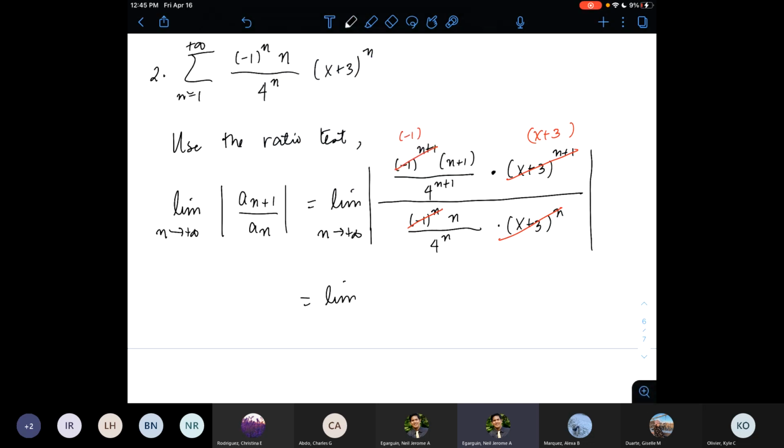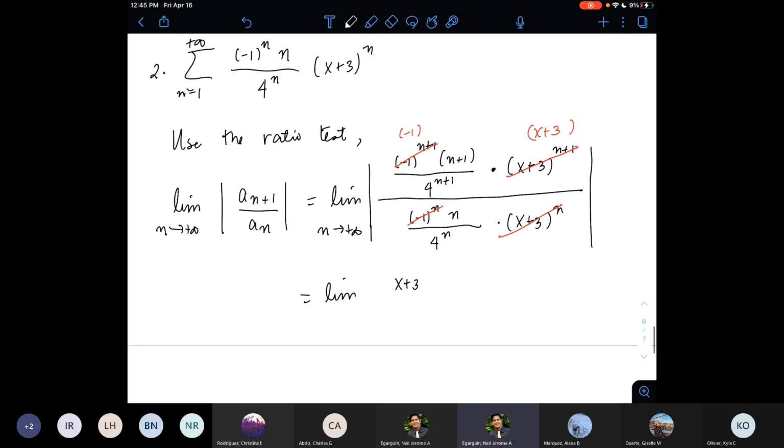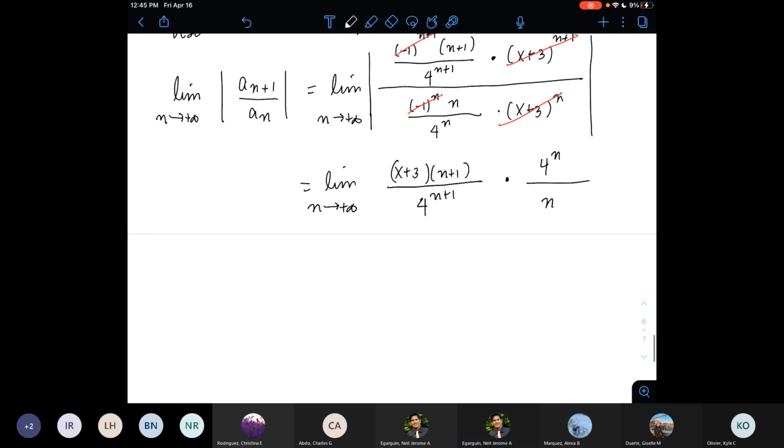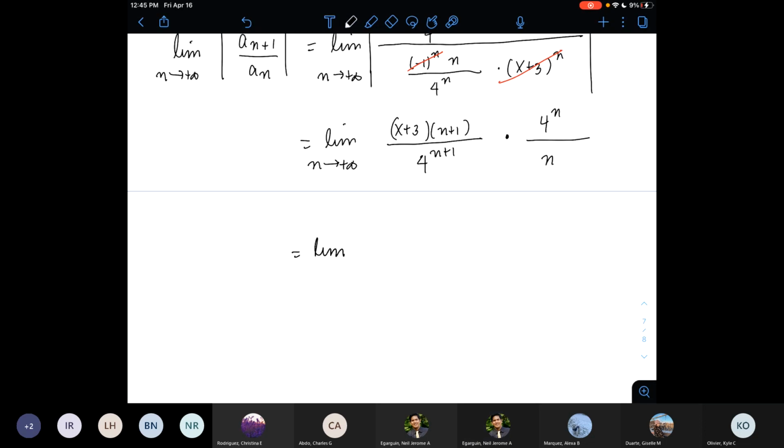So what do we have? We have x plus 3 times n plus 1 over 4 to the n plus 1 times the reciprocal of the denominator. So we have 4 to the n all over n as n approaches infinity. Oh, here we can still cancel some factors. 4 to the power n will be canceled by this guy, leaving us with only a 4 here.